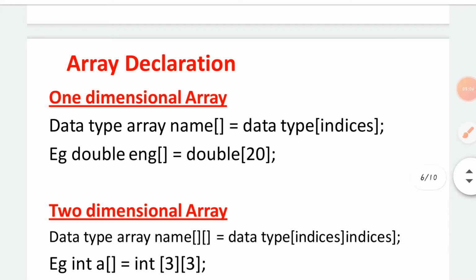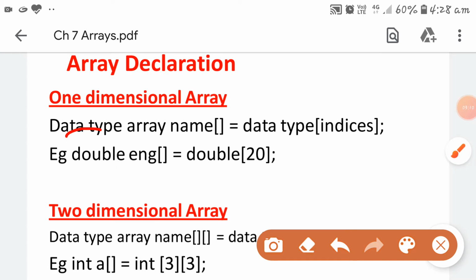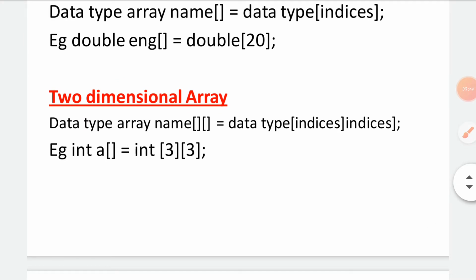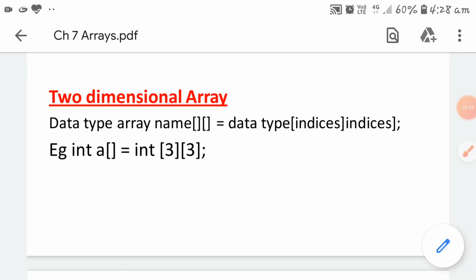Okay, now array declaration. How to declare? First we have to give the data type, then the array name, then the data type, then the indices. Now, for a one-dimensional array: data type double, English is the name of the array, then 20 elements will be stored. And in case of a two-dimensional array, int. Now see what is the mistake done here. For a two-dimensional array, you know that after the array name, 2 brackets must be there.